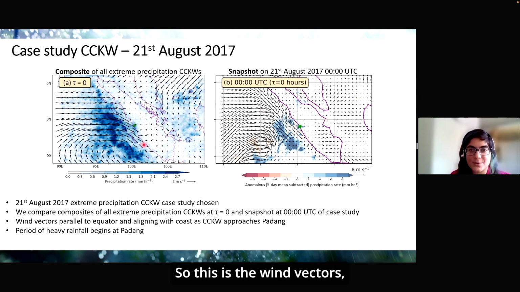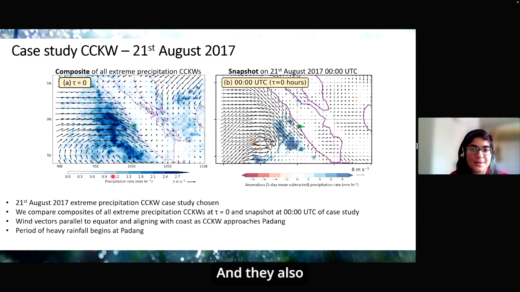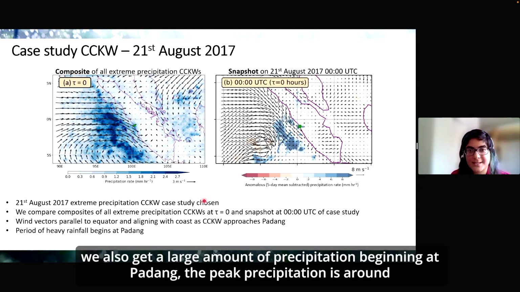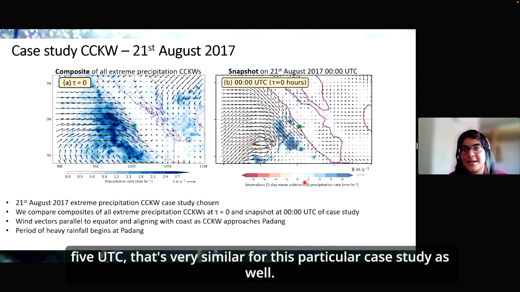This is the wind approaching the Barisan Mountains, which run from the northwest to the southeast, and aligning with the coast. We also get a large amount of precipitation beginning at Padang. The peak precipitation is around 5 UTC, that's very similar for this particular case study as well.